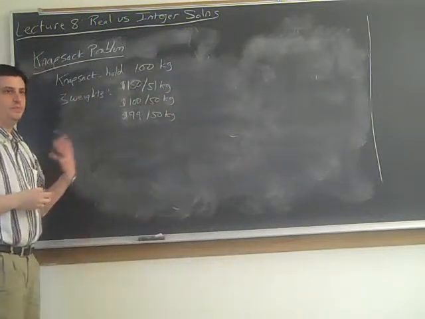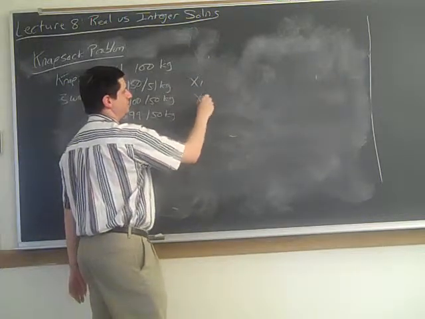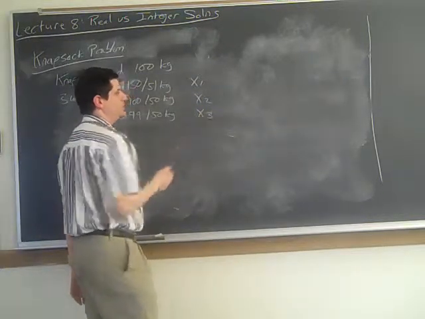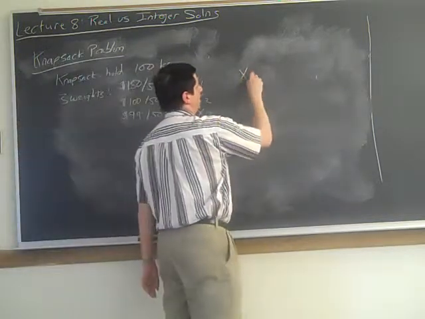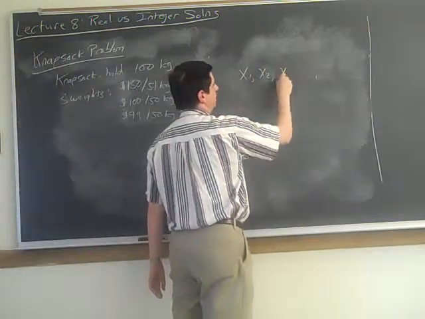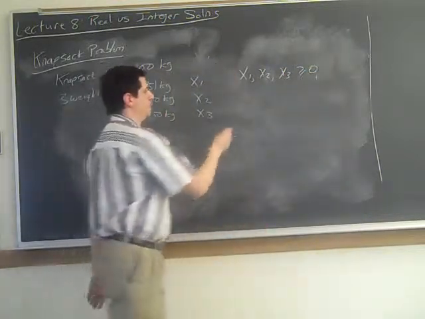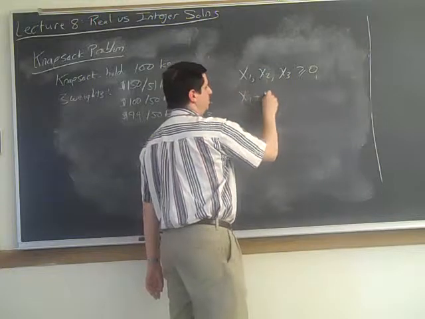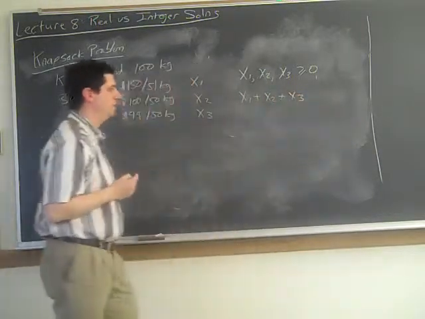And we need to choose some number of each one. So we'll choose x1 units of the first, x2 units of the second, x3 units of the third. So clearly, x1, x2, x3 are greater than or equal to 0. x1 plus x2 plus x3, what can you tell me about that?